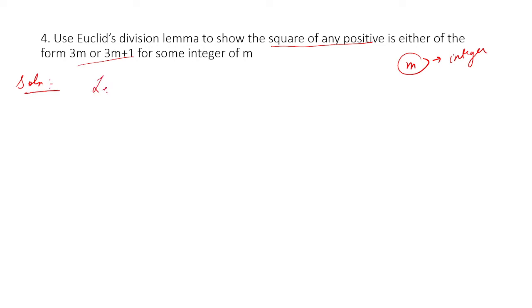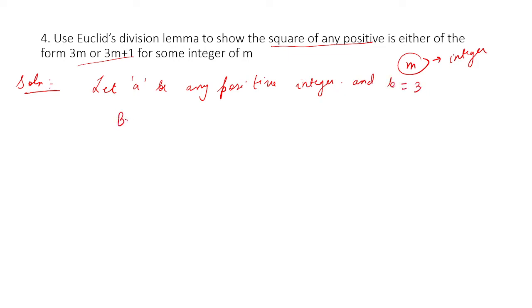So let a be any positive integer. Now, what is b given to us over here? It's quite easy to find out that b is 3.